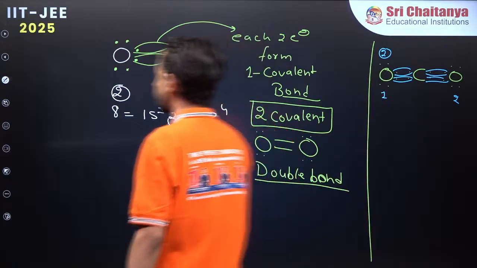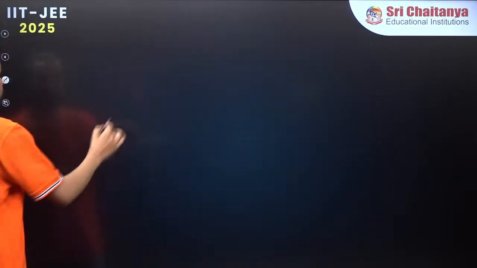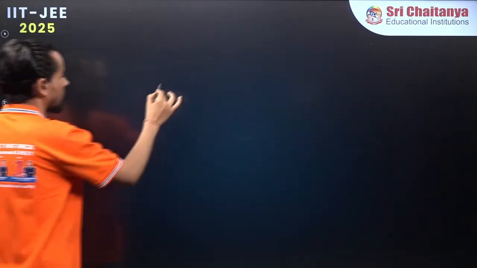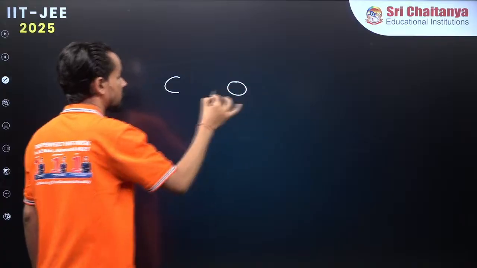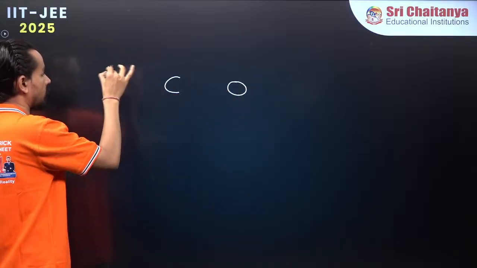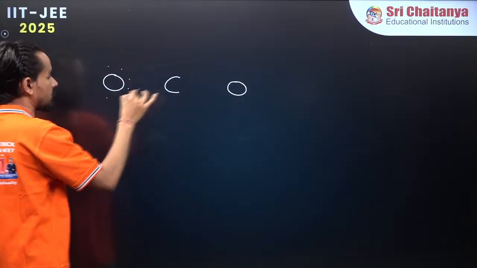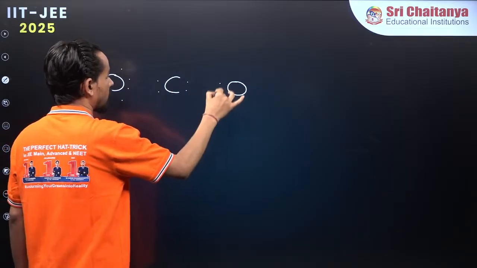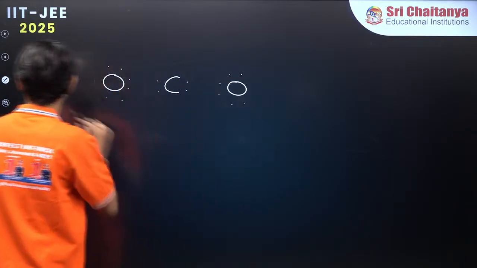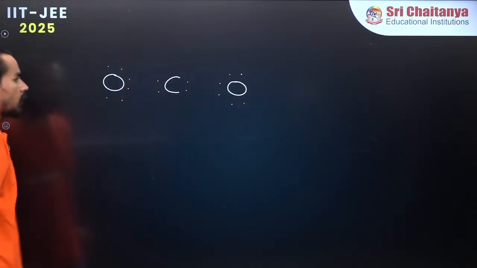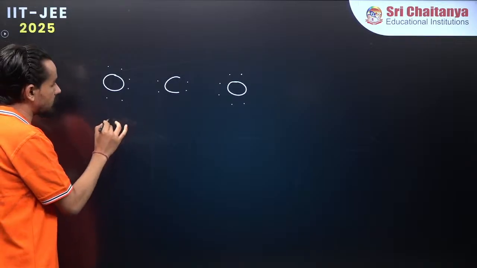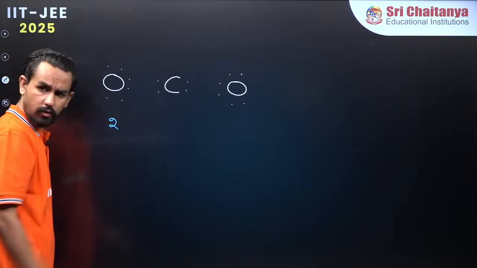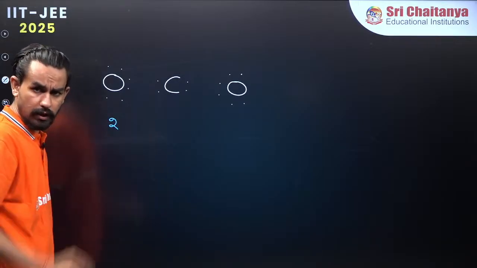Okay, wait, let me write it on the next page. Carbon, oxygen, oxygen. Now think, oxygen has a deficiency of 2, he requires 2 more electrons, okay, he wants someone to share 2 more.